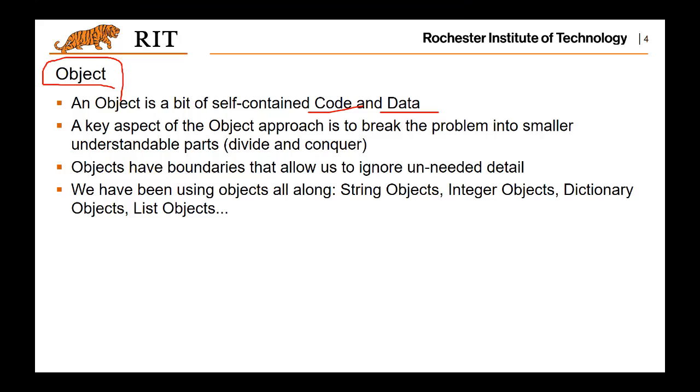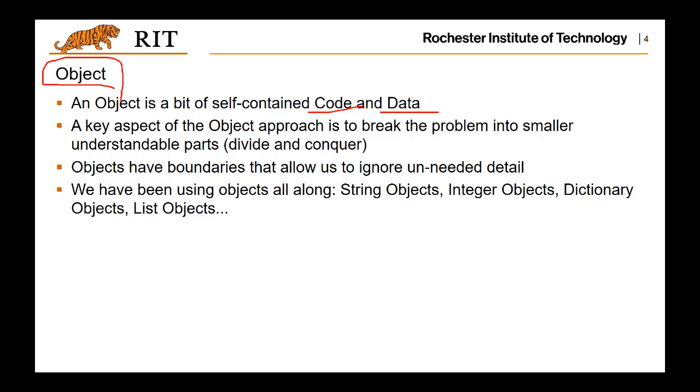For example, you have object A and object B. They work together to achieve some task. Basically, object A only cares about certain functions and certain data object B possesses.